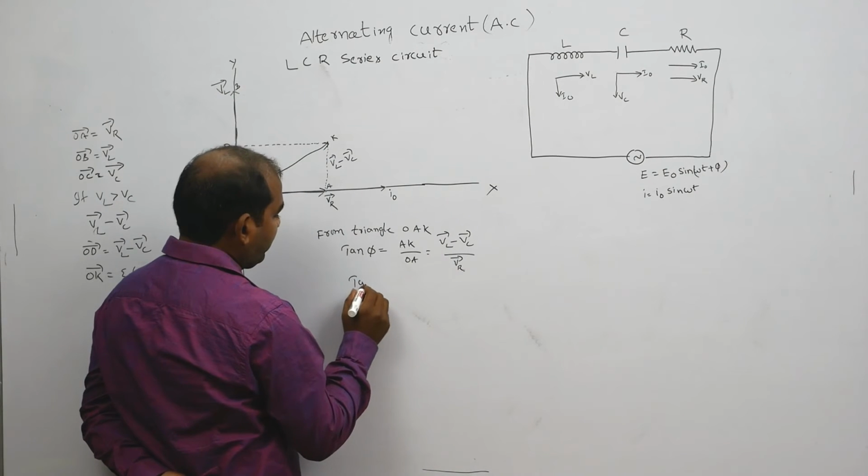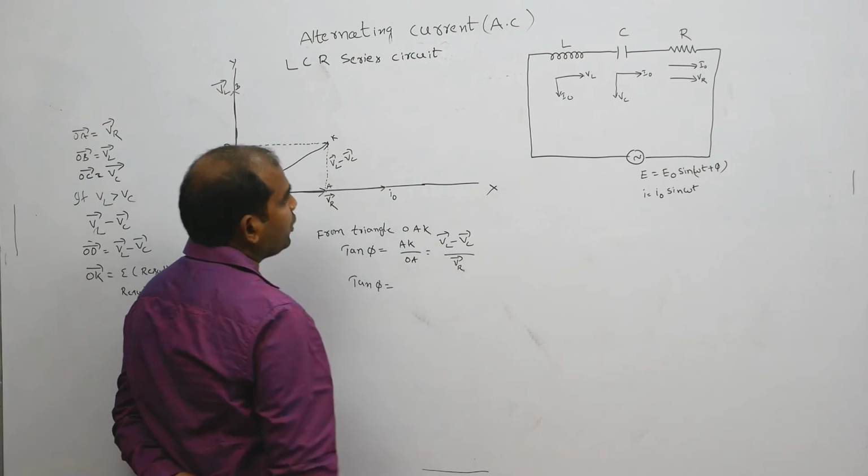So tan phi is equal to, what is the value of VL?